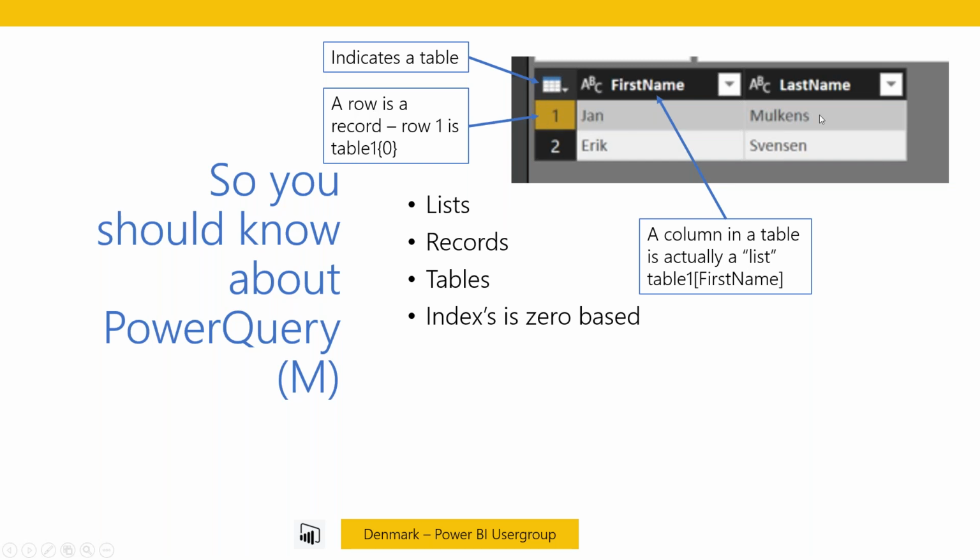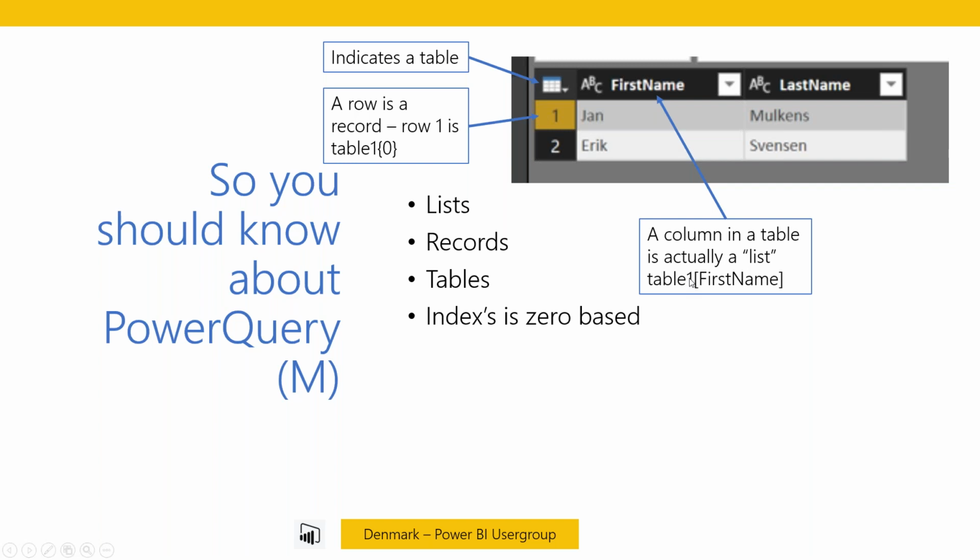The row is actually a record within a table. This is called Table1, and then the curly brackets with a 0 will return the first row in our table. And a table contains columns, and each column can also be referred to as a list.